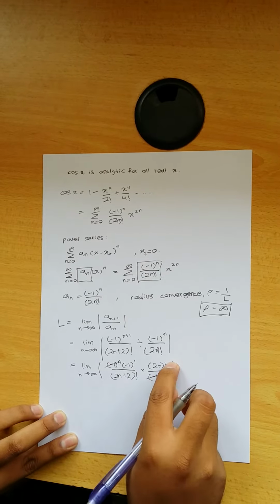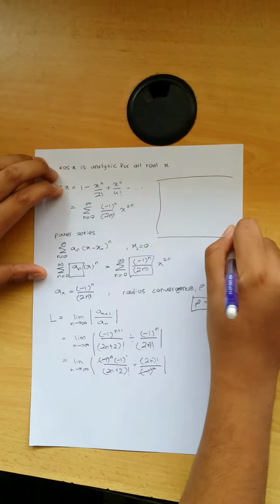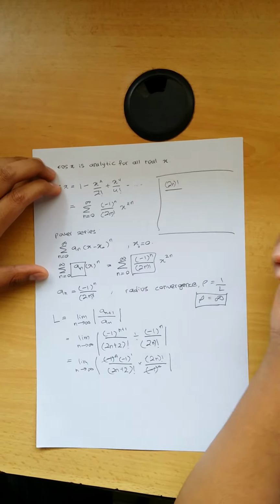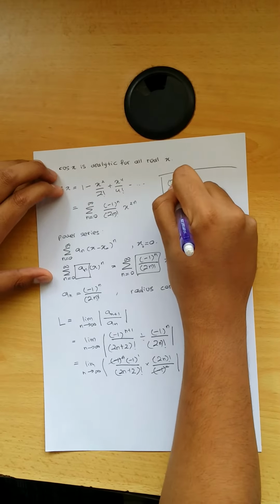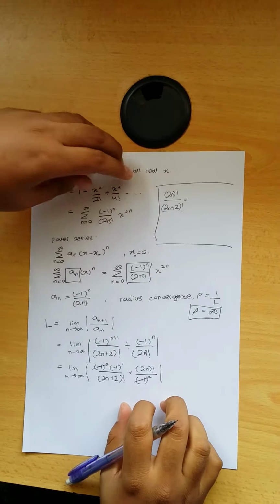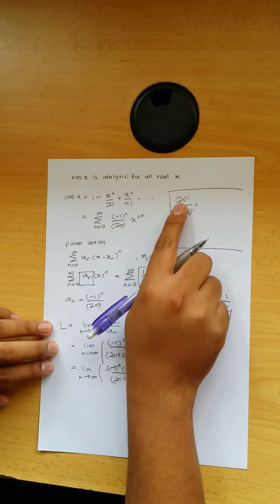To solve the factorial part, I will show you here. We have (2n) factorial divided by (2n+2) factorial. Basically, we can write the factorial as 1 times 2 times 3 up to the number we have written.